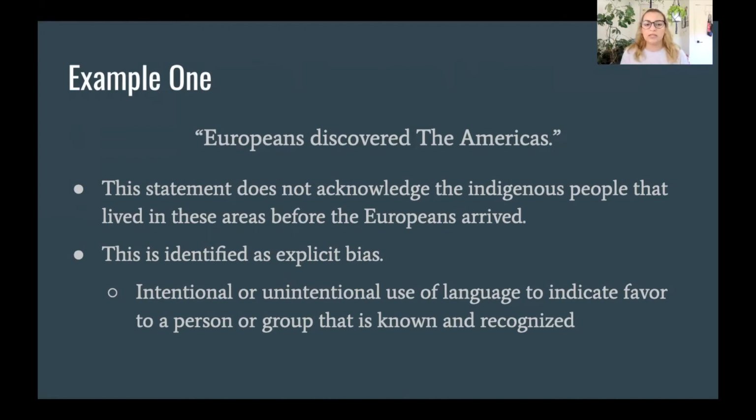In this statement, we can see this because we're favoring the Europeans here, giving them credit for discovering the Americas when indeed they weren't the first people to discover it, right? Indigenous people lived here, occupied these areas, and had lives for themselves. So we want to avoid this kind of language when speaking on this topic or topics similar to this.